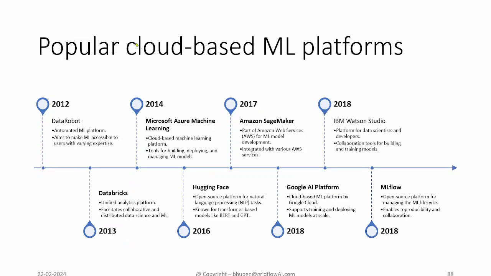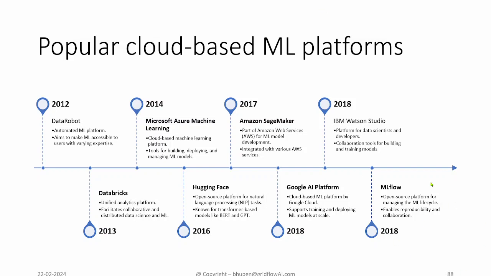Popular cloud-based ML platforms, again, you might have heard about AWS, like Amazon SageMaker, Microsoft Azure, Hugging Face, or Google Vertex AI. These are very, very popular cloud-based machine learning platforms. That means they allow you to build a complete end-to-end machine learning solution.